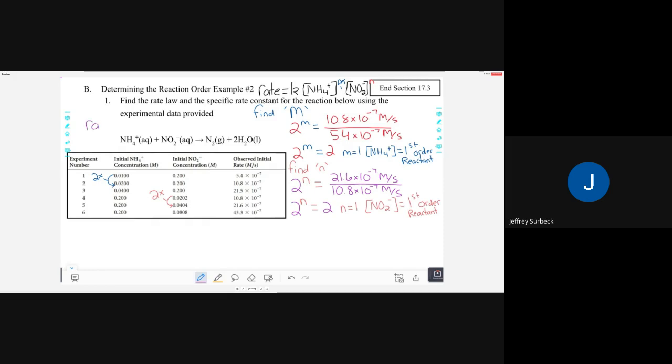Rate equals K times the concentration of NH4 plus. Do we need to put anything above that? No exponent, because it's first order reactant. And then we multiply that by the concentration of NO2 minus. Do we need to put anything above that? Okay, this right here, once more, that is our rate law.